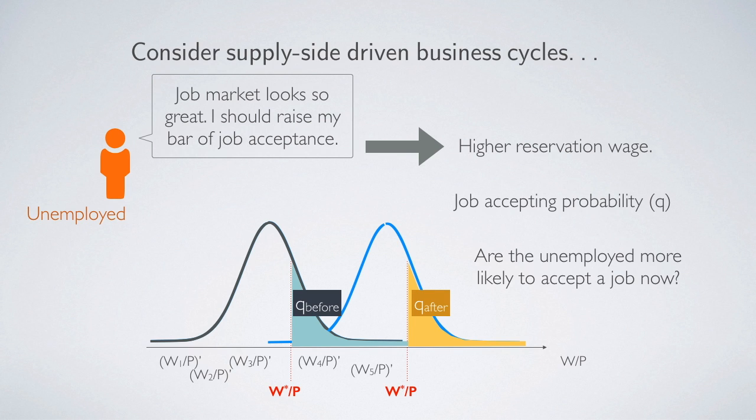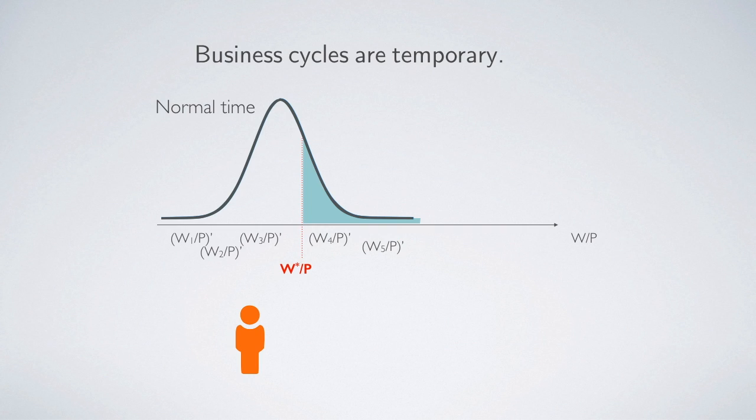So the question is: after the supply-side driven business cycle pushes up the distribution of wages, and at the same time the reservation wage rate also goes up, will Q after, the accepting probability, be larger than before?